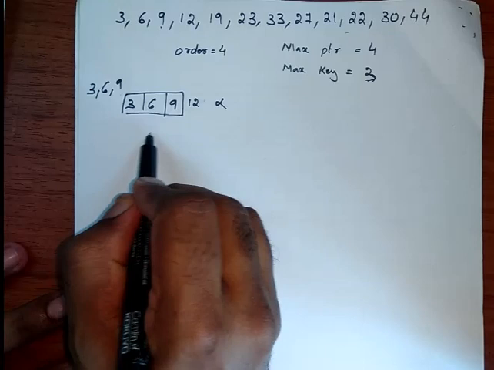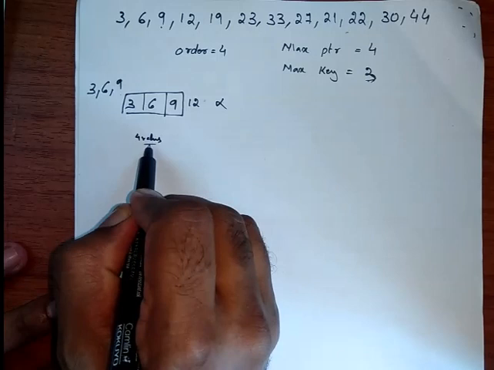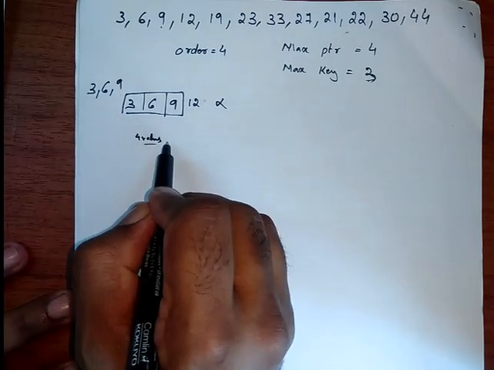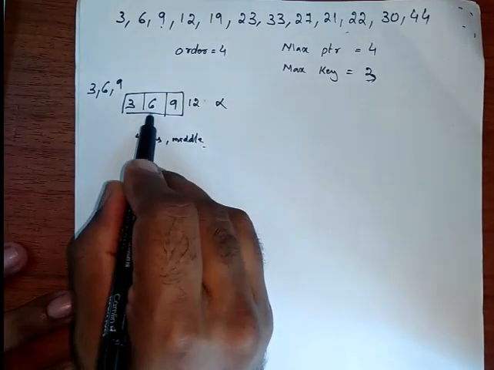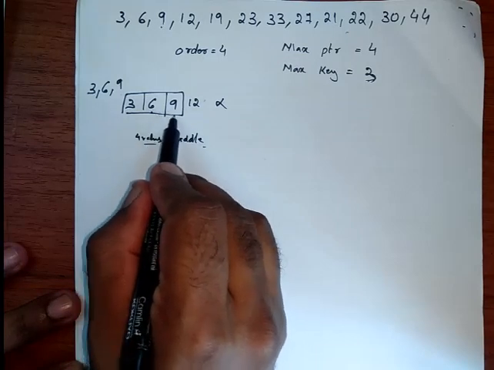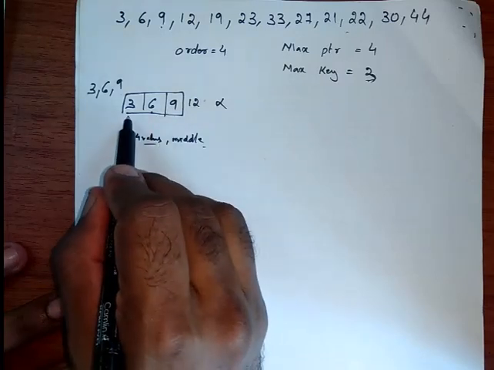But here you can see that there are 4 data values in the node. So we need to identify the middle value. If the number of values is even, it is difficult to identify the middle value, but if it is odd, we can easily find it. In this case 6 and 9 can be considered as the middle value.